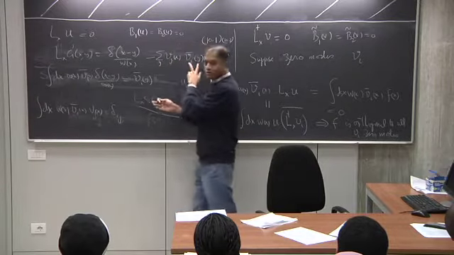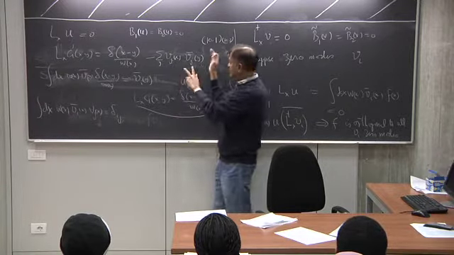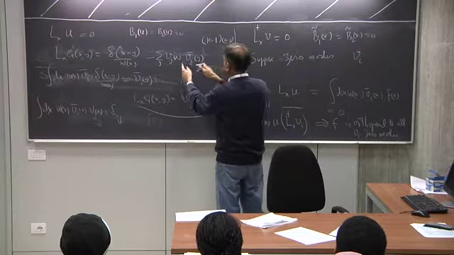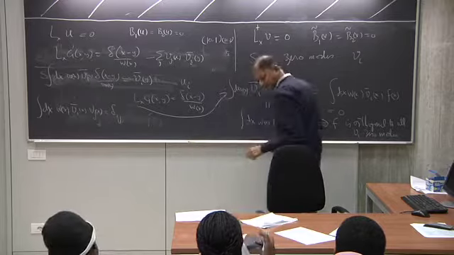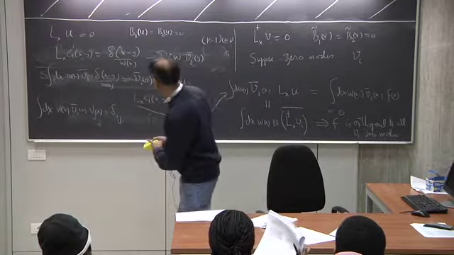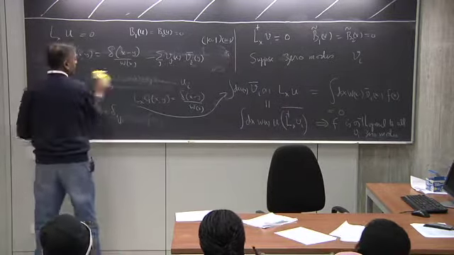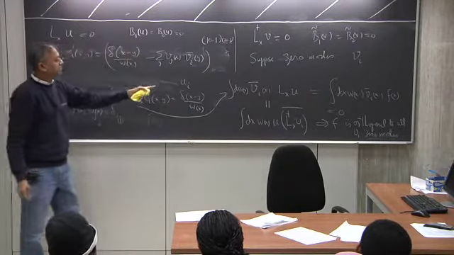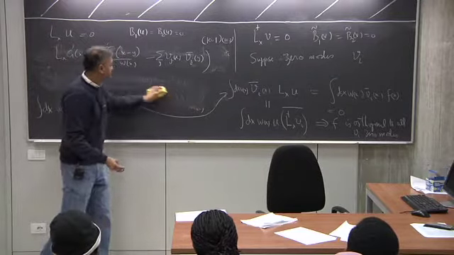Now this one is a projection operator, which acts on the space of functions. Maybe I should explain what I mean by the statement that I take this operator and apply it on an arbitrary function v.